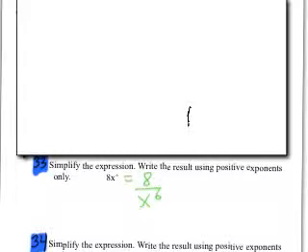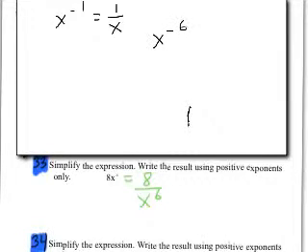Remember, x to the negative 1 power equals 1 over x. So x to the negative 6th power would equal 1 over x to the 6th power.